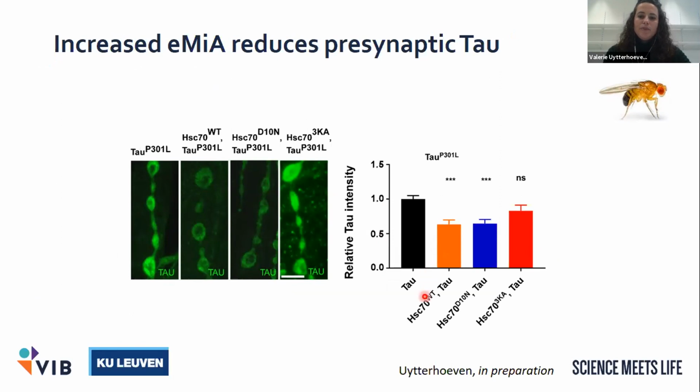And indeed, when we express the wild-type HSC70 and the chaperone defective HSC70, we can reduce presynaptic tau levels, but not when we express the microautophagy defective HSC70, indicating that the reduction of tau at the presynapse here is a result of increased endosomal microautophagy.